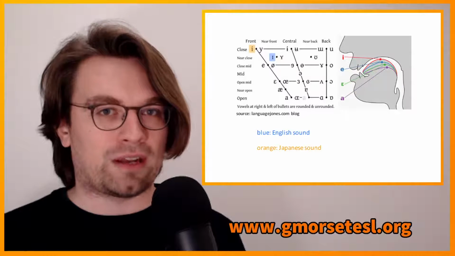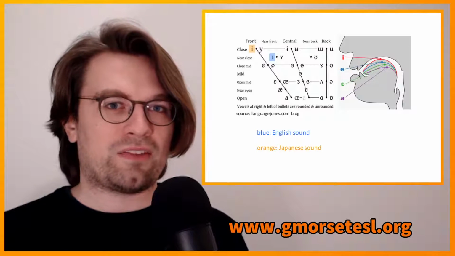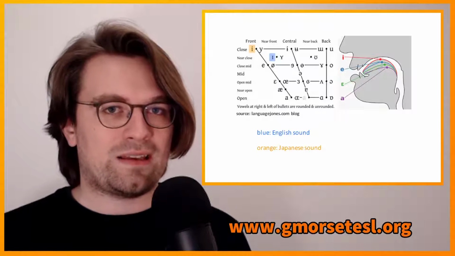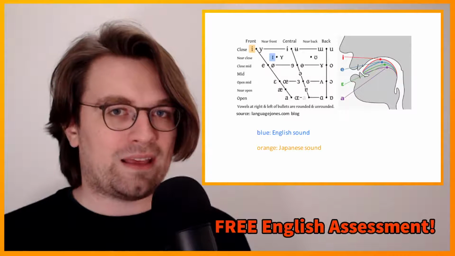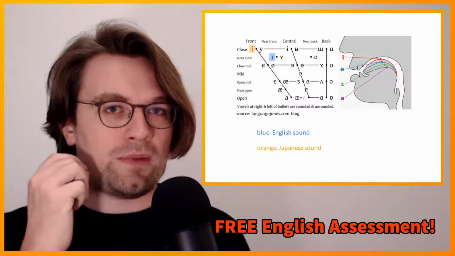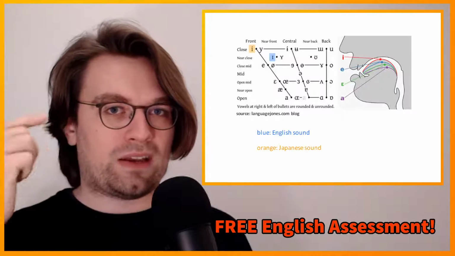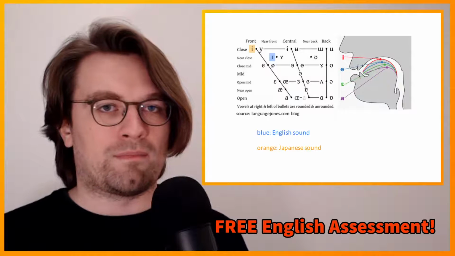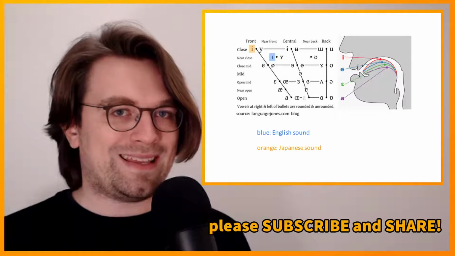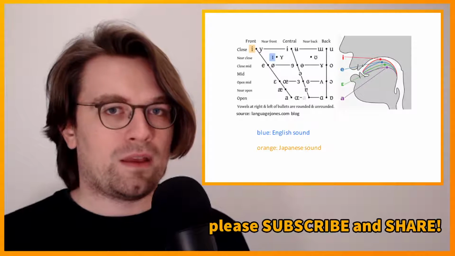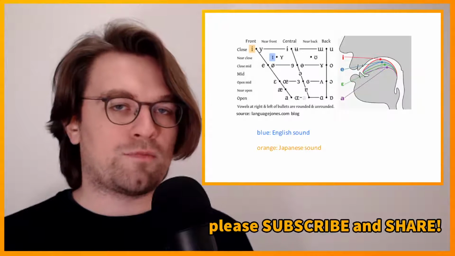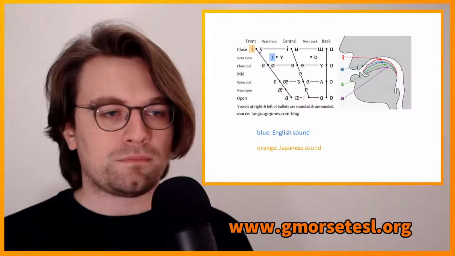I don't think it's actually an I. The important thing is that it is the sound for short I. So the orange is E and the blue is I. The idea is that the blue sound happens a little bit further back and a little bit further down in the mouth. So you try and actually feel the difference between the two. That's the key to making sure that you say these minimal pair words differently.